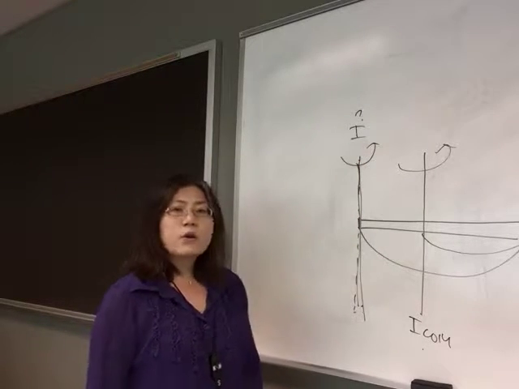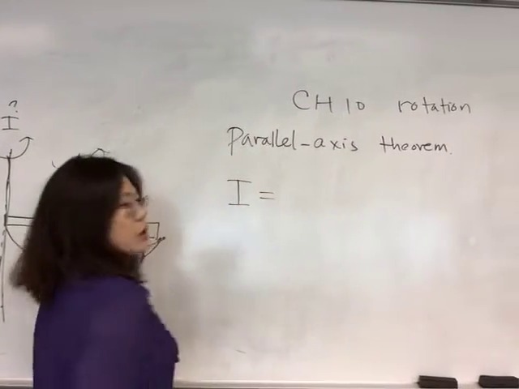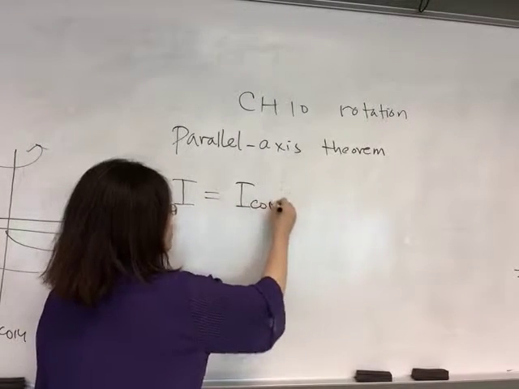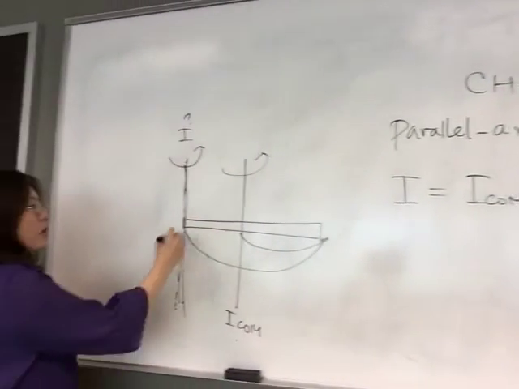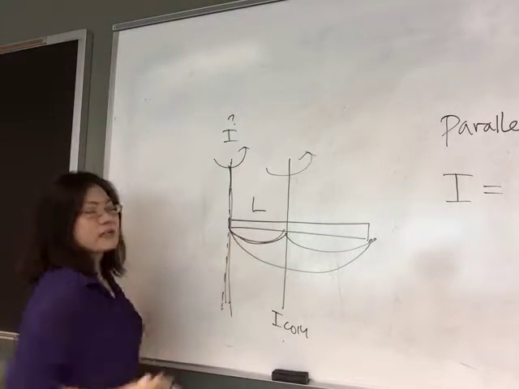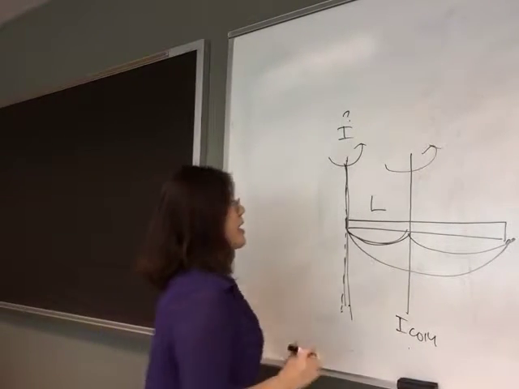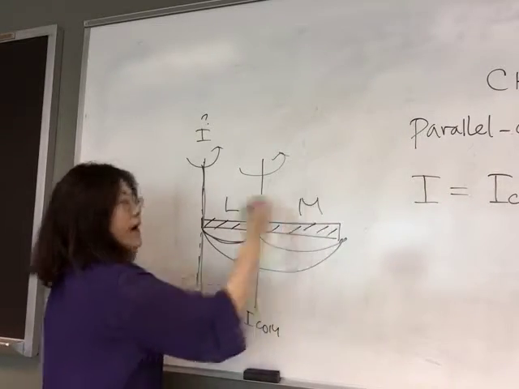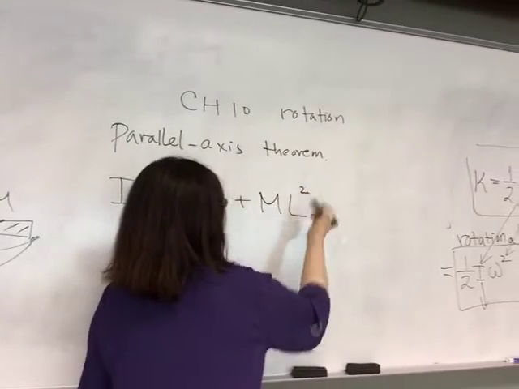And how is it going to be modified? It's basically followed by this equation. The new rotational inertia is equal to the rotational inertia through the central mass, plus, with L being the distance between the new axis and the axis through the central mass, and M the mass of this object, M times L squared.